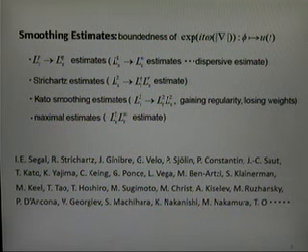And the third type is the Kato smoothing estimate, a boundedness of L2 type with gaining some regularity and weight.